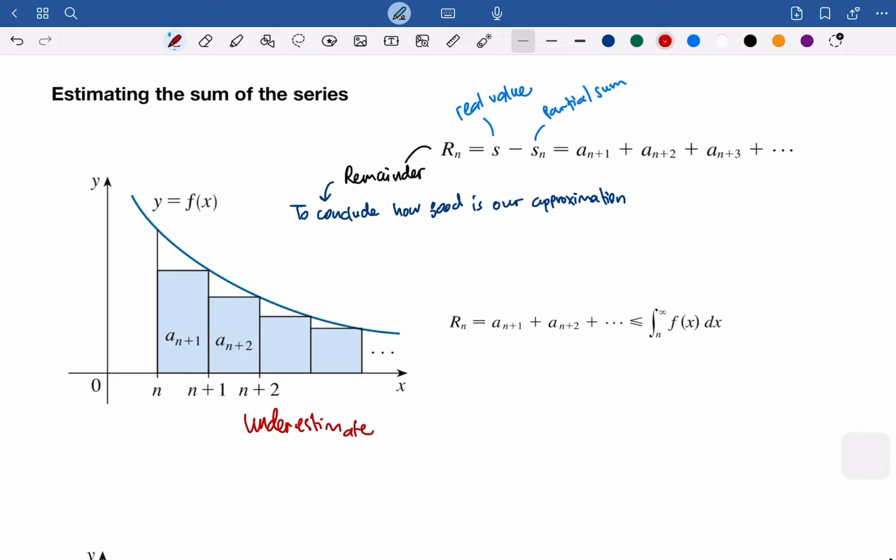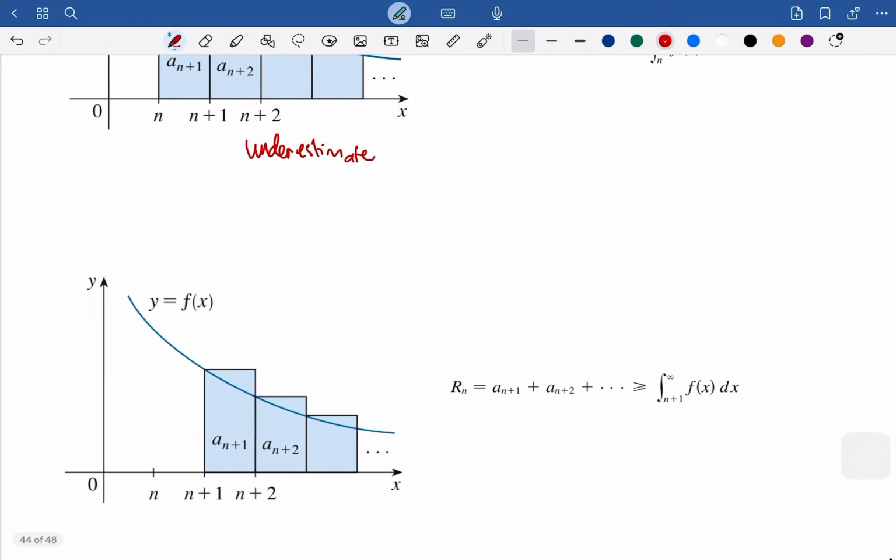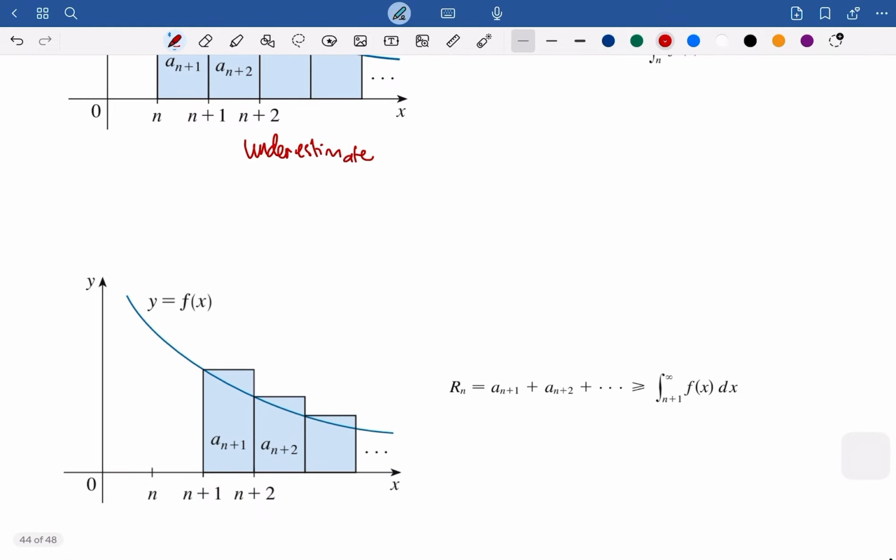Now the second case is the overestimate. When we have the overestimate, the whole summation will be greater than the integration, but we need to take different endpoints.